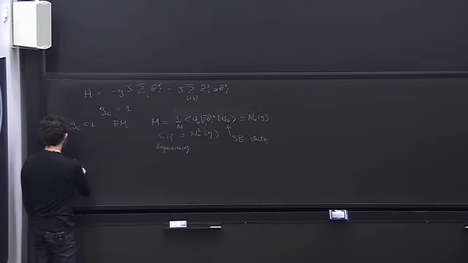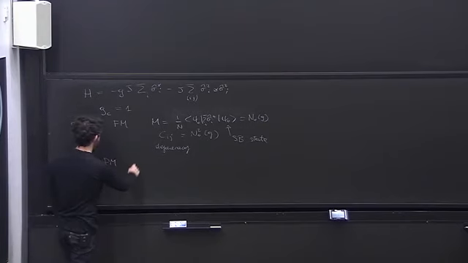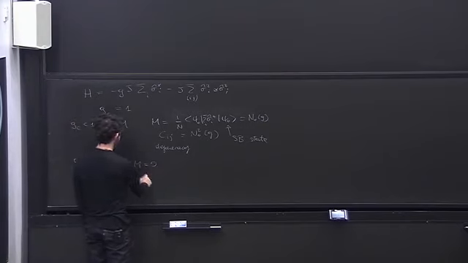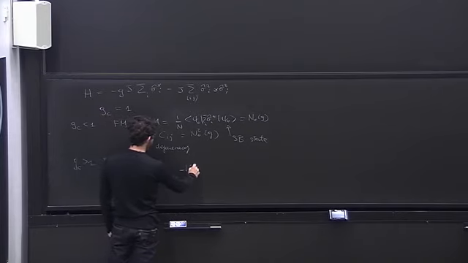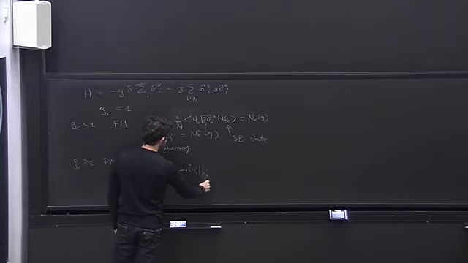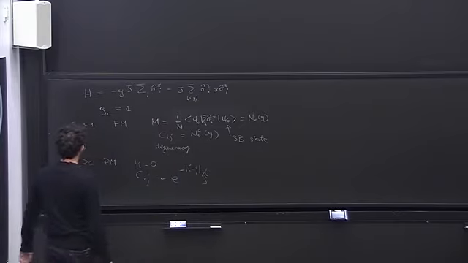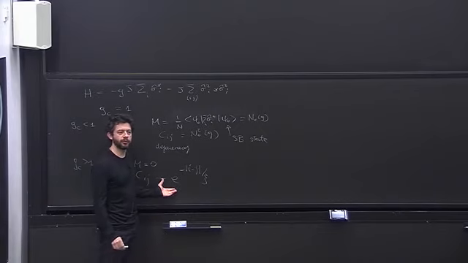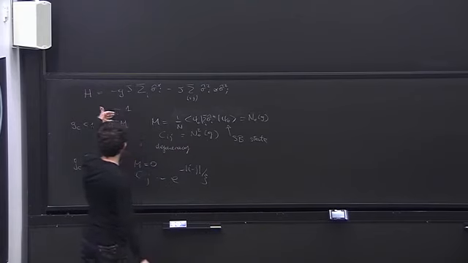For g greater than 1, we have the paramagnet, where magnetization is 0, and connected correlation functions decay exponentially, which I've just claimed, I didn't show. So also this can be seen in perturbation theory. So now that you know how to do perturbation theory about this, you can also compute this.